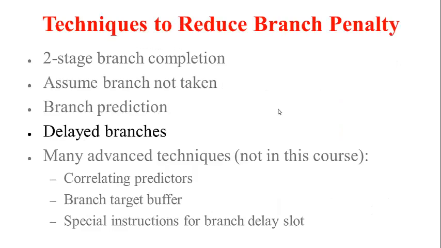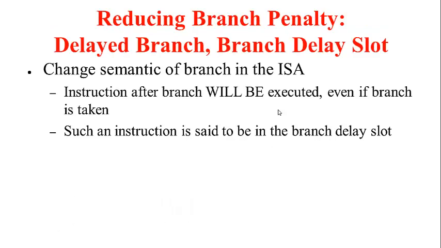The last idea, at least among those we are going to discuss in terms of techniques to reduce the branch penalty, is that of delayed branches. A delayed branch is different from a normal branch instruction. That is, the change happens in the instruction set architecture itself. We are changing the meaning of a branch instruction itself to mean something different.